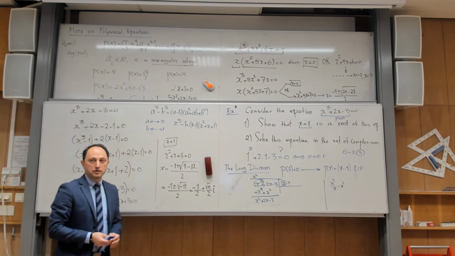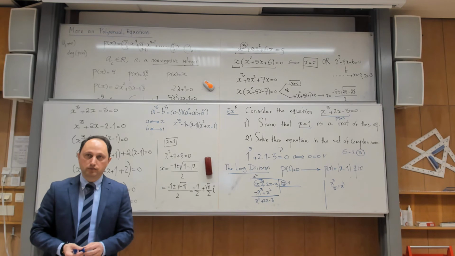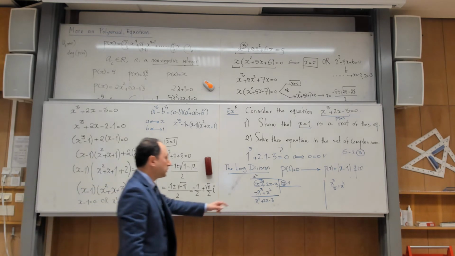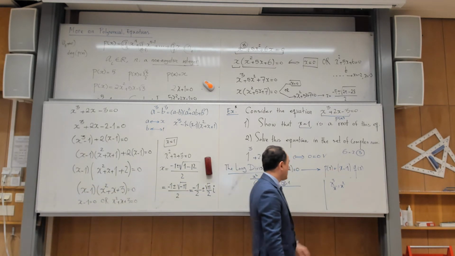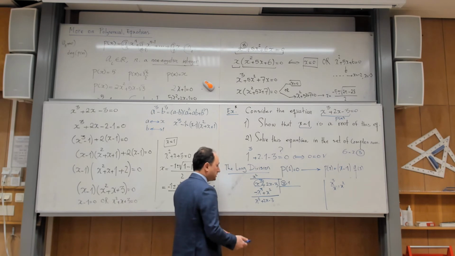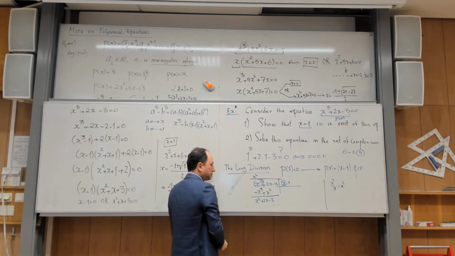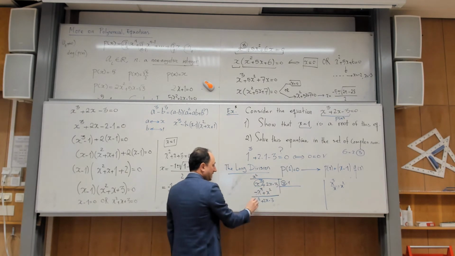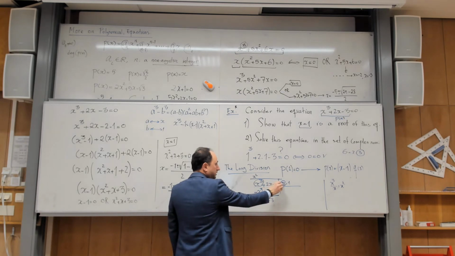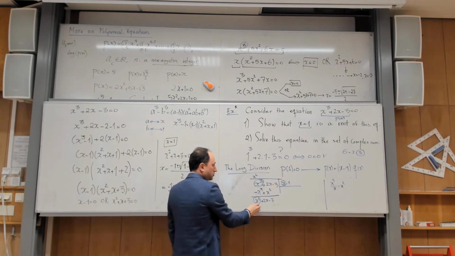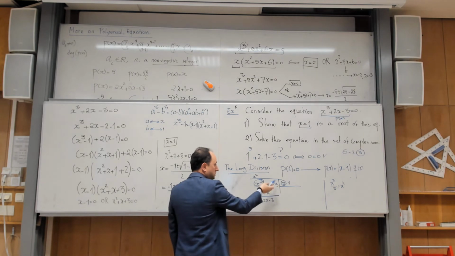Repeat this process until you get 0. You will get 0 because this means that this is divisible by that. It will continue to 0. What does it mean? It means that completely forget about what you have done so far. Assume that you want to start from here and there. Again, take the first term only and divide it by the first term. x squared divided by x is x, of course positive x.